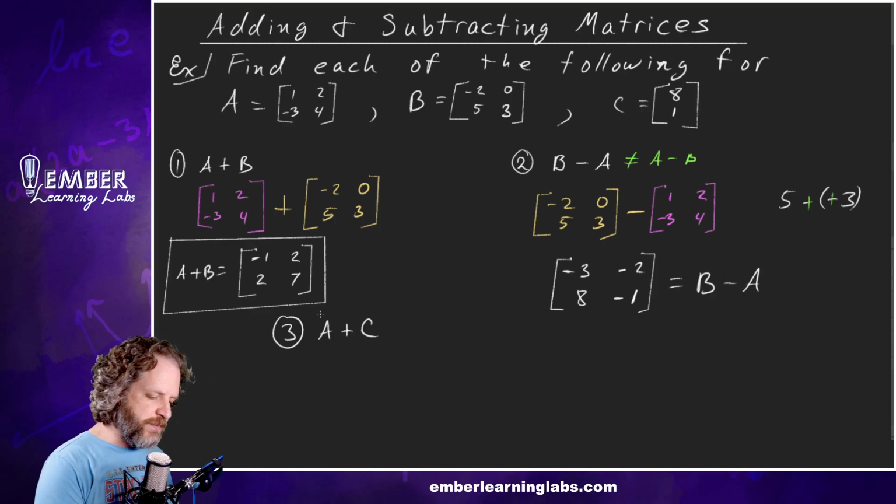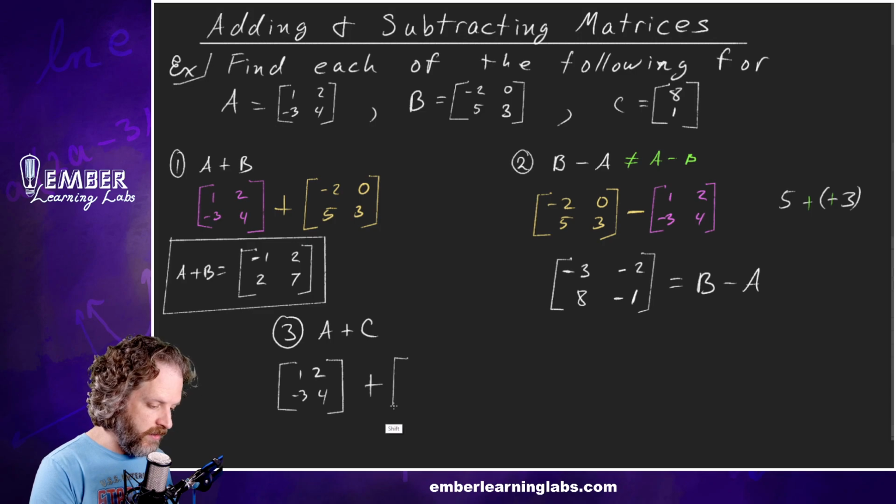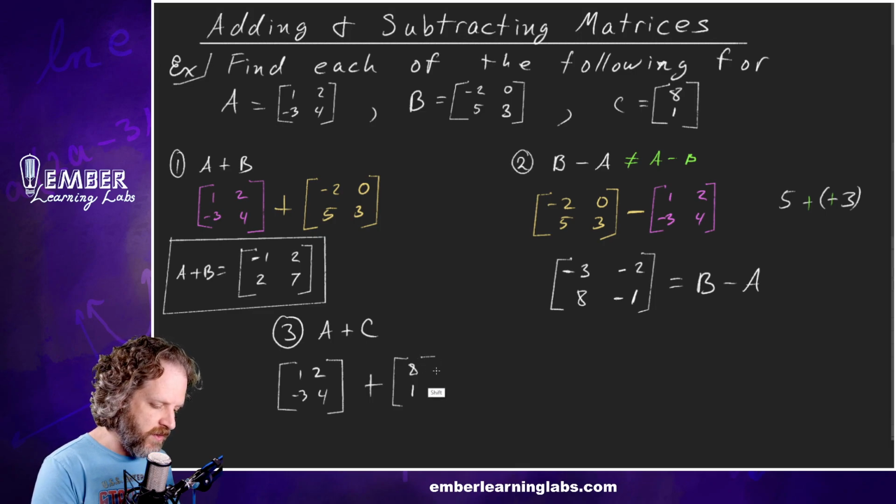Now this last one. We're supposed to do A, which is 1, 2, -3, 4, and then C, which is 8, 1 in this 2 by 1 matrix.